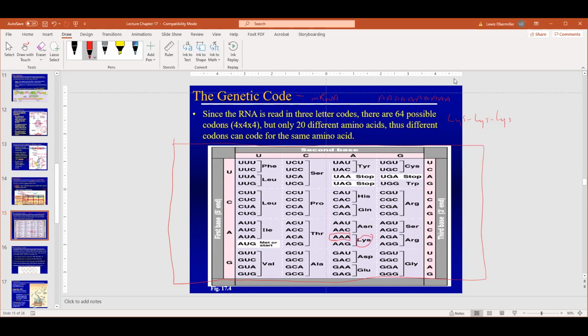So let's just do a quick example. Remember, the DNA template has to be 3 to 5. And remember, DNA has T's, not U's. So I'm just going to make up a DNA sequence like I would for a test. And, you know, we're ignoring methionine as the start codon, but in real life, it would always be methionine.